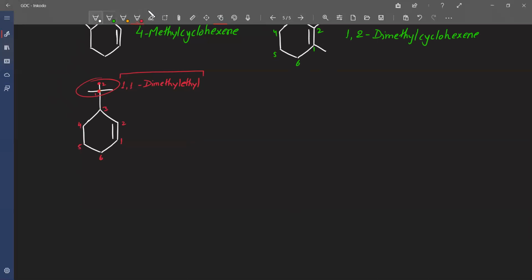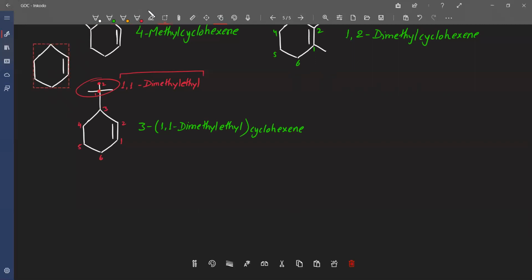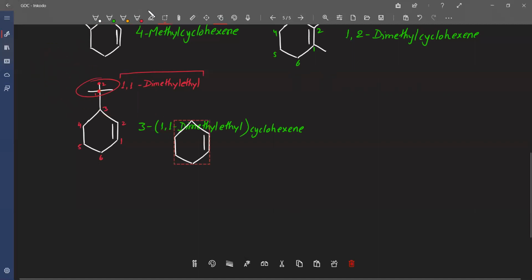And then it will be 3-(1,1-dimethylethyl)cyclohexene. Done.